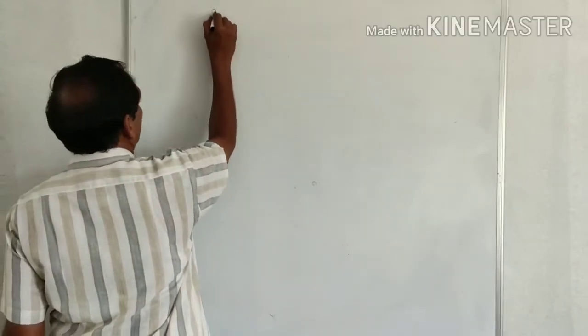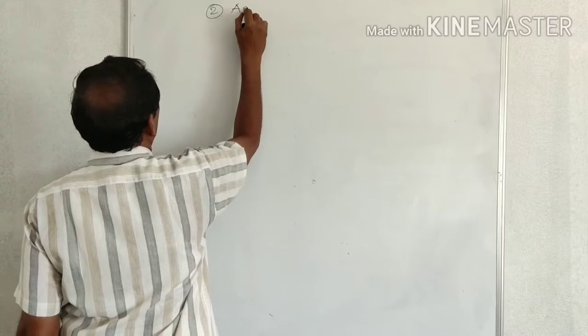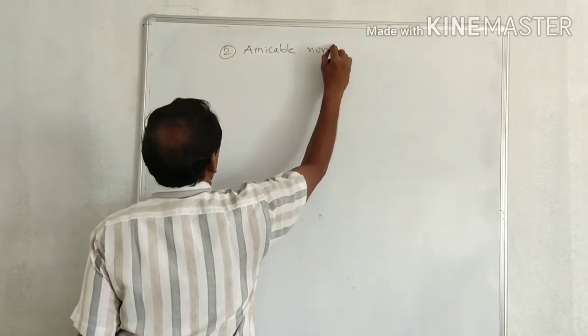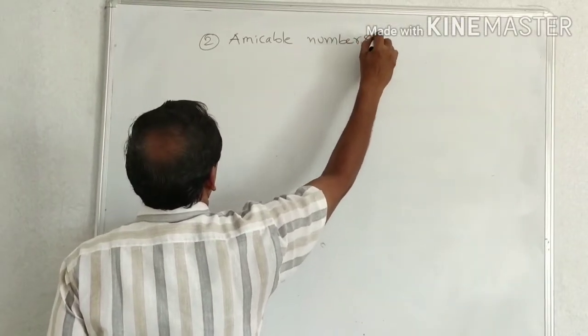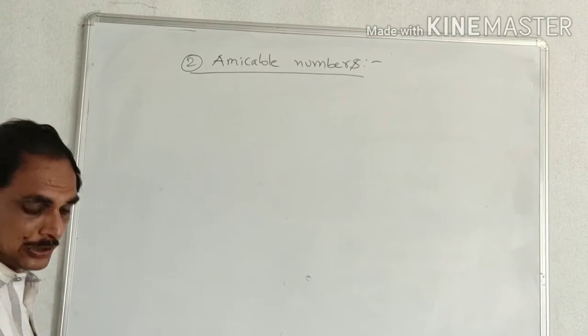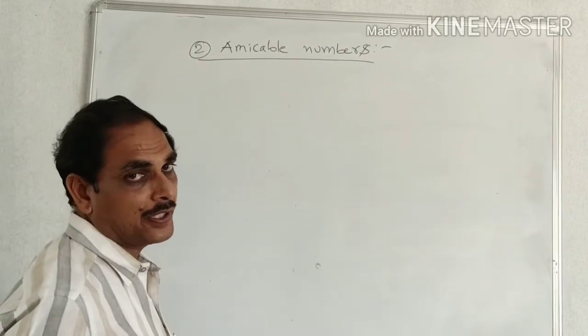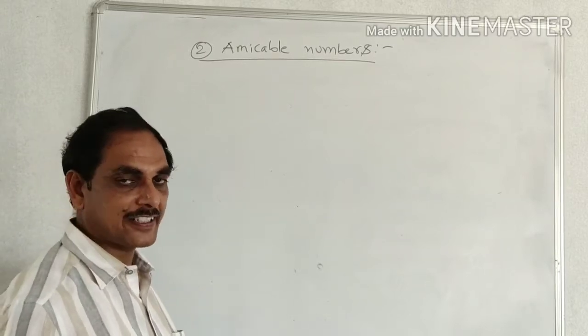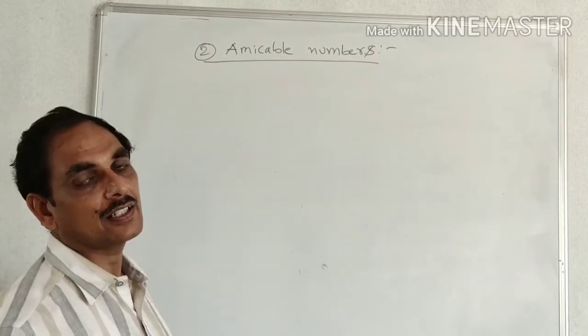Next, the second definition is amicable numbers. Two numbers are said to be amicable if the sum of all factors except the number itself is equal to the other.